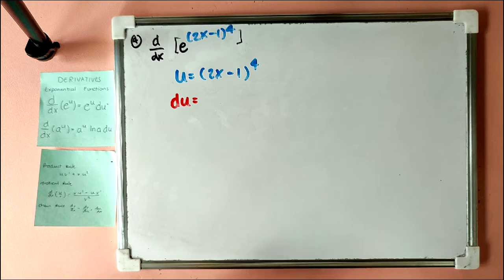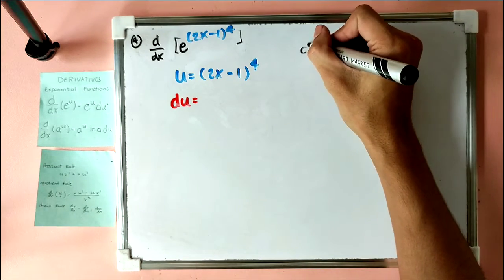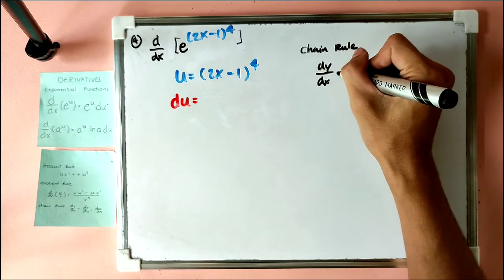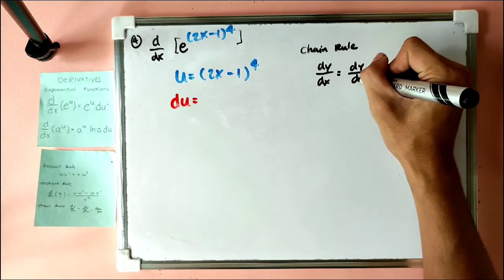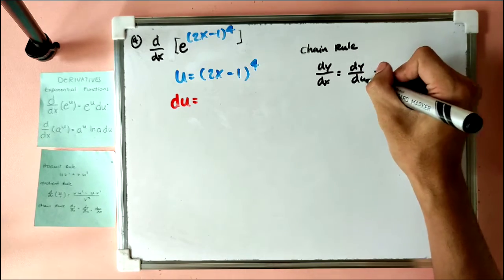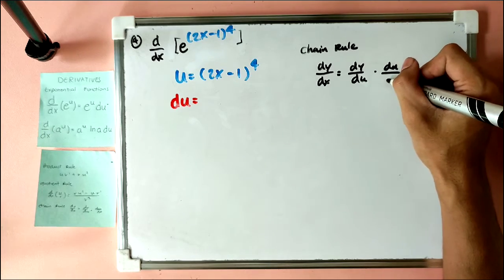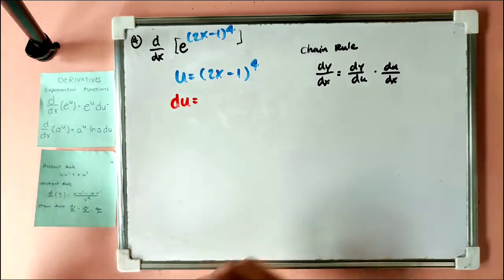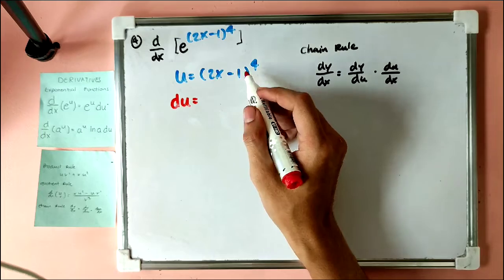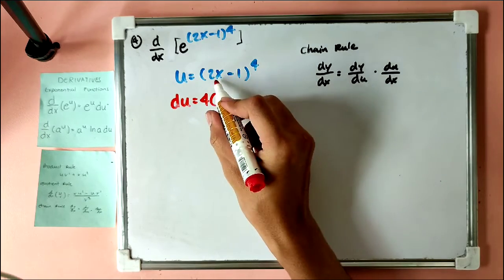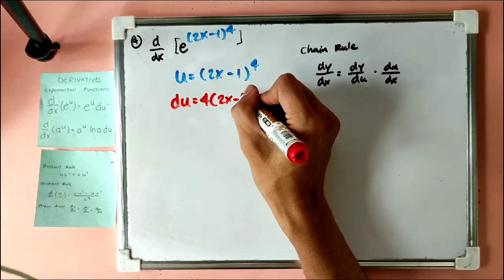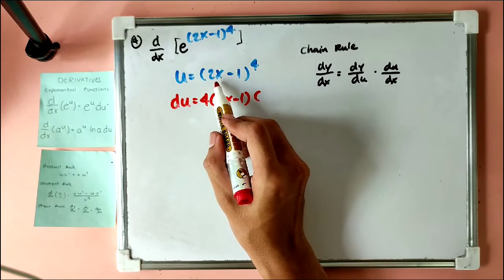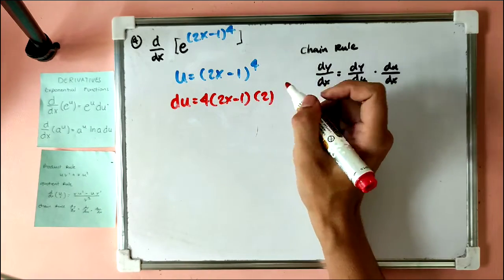So, as we recall, our formula of chain rule is dy over dx is equals to dy over du times du over dx. Pero gamitin na lang natin yung short method ng chain rule, which is etong 4, ilalabas lang natin siya, 4, then copy the inside function, 2x minus 1, then i-derive natin yung inside function, which is ang derivative ng 2x minus 1 is just 2.